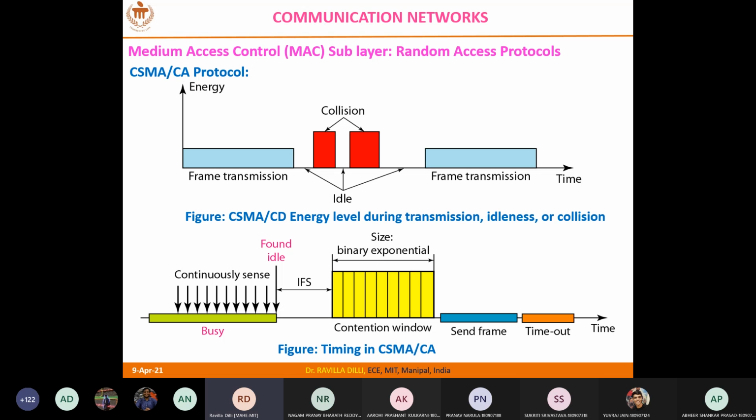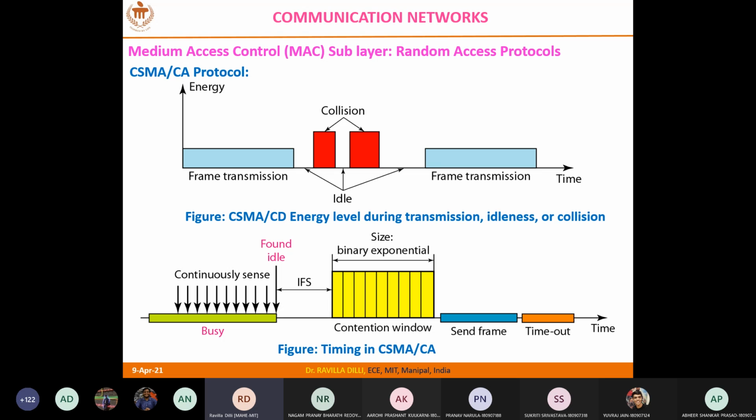And you can also see the channel, as I told you, either it is continuously sensing, right? So found busy. This is quite interesting. We are moving towards CSMA/CA, carrier sense multiple access with collision avoidance. With collision avoidance, we are trying to avoid the collisions.